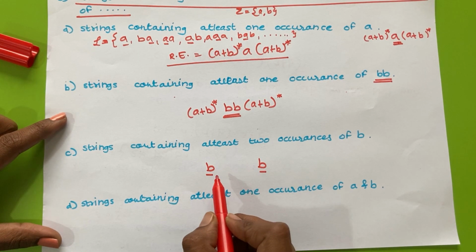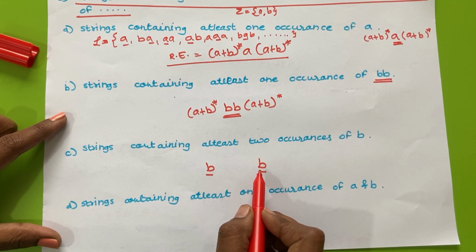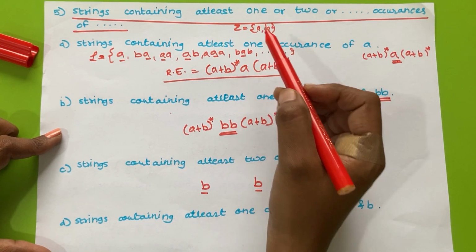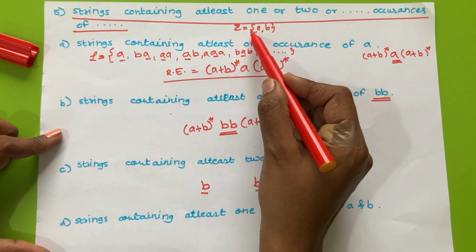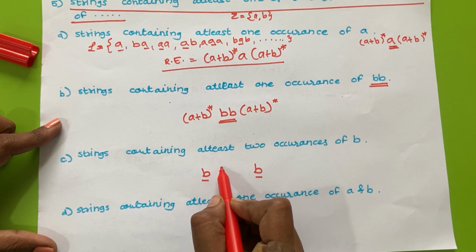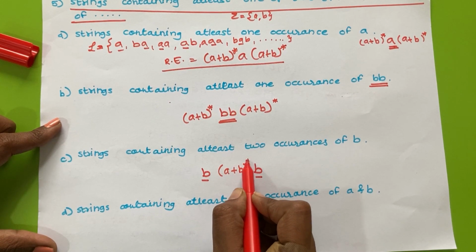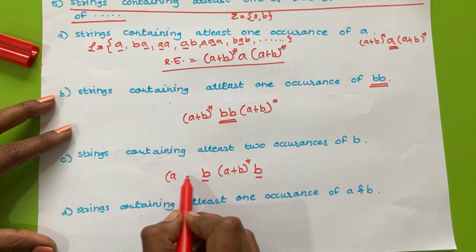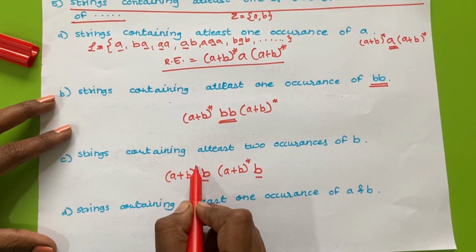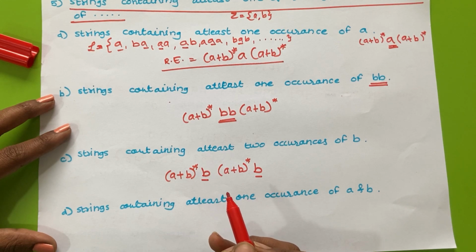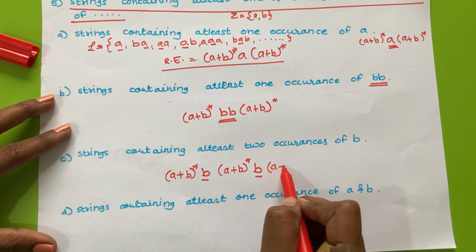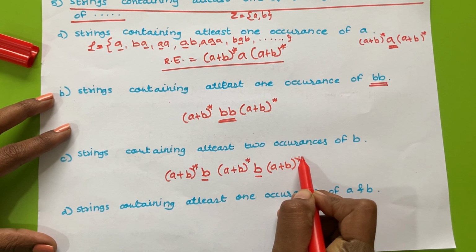We don't know the position of these b's, so before, in between and after these two b's anything can be possible, and anything here, in our consideration where sigma is {a, b}, means any combination of a and b. Before the first b, any combination of a and b can be there, and after this b also we can have any combination of a and b.